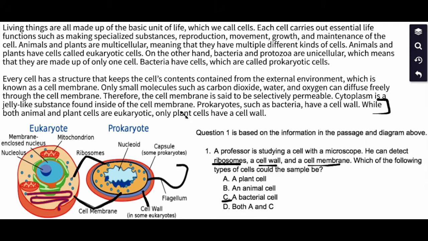So, could the sample that he sees be an animal cell? Well, no, it couldn't, because we know that an animal cell is not going to have a cell wall, but a plant cell could. So, the sample that he's looking at could be a plant cell, or it could be a bacterial cell. We need more information to determine which it is, but just based off of what we're given, it very well could be a plant cell or a bacterial cell. So D is the correct answer here.